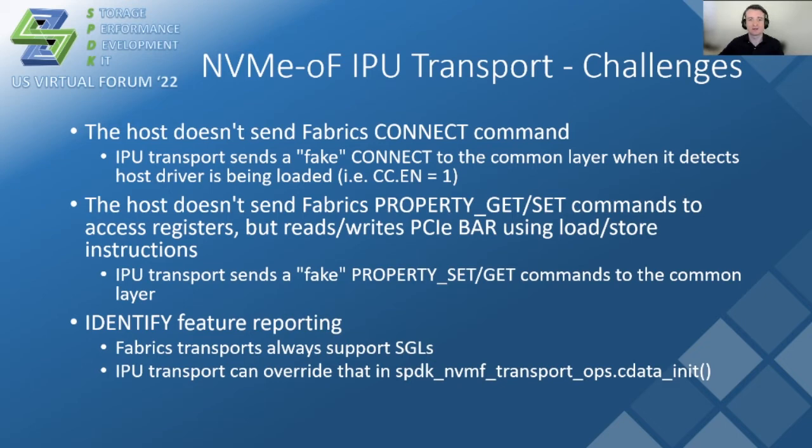There's a callback called cdata init that's called whenever a controller is created, and the transport is free to fill in all of the features it actually supports in the identify controller response that will then be returned to the host whenever it queries for that identify features command.